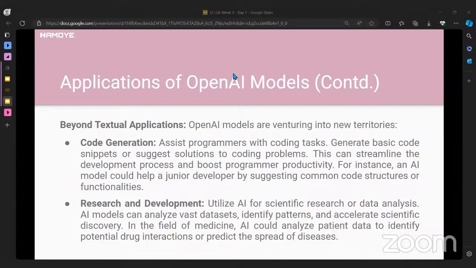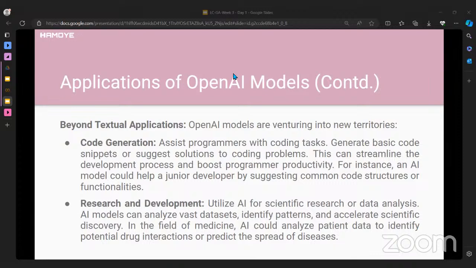In research and development, these models analyze large data sets to identify patterns and accelerate discoveries, such as in medicine where they can predict drug interactions or disease spread.